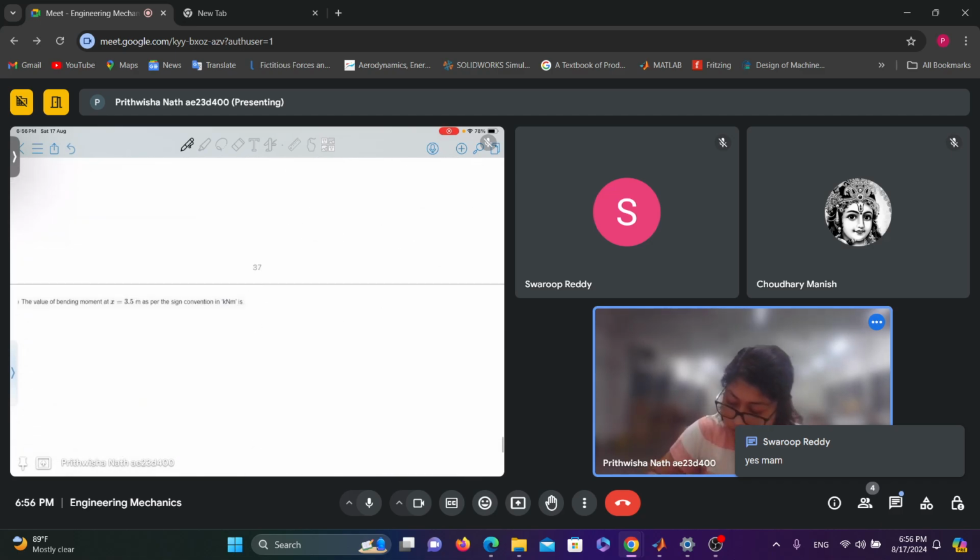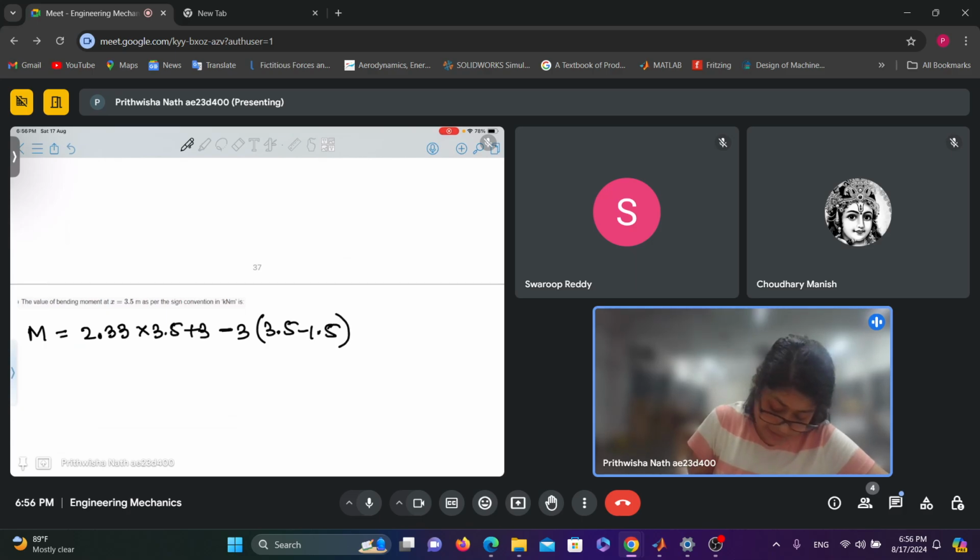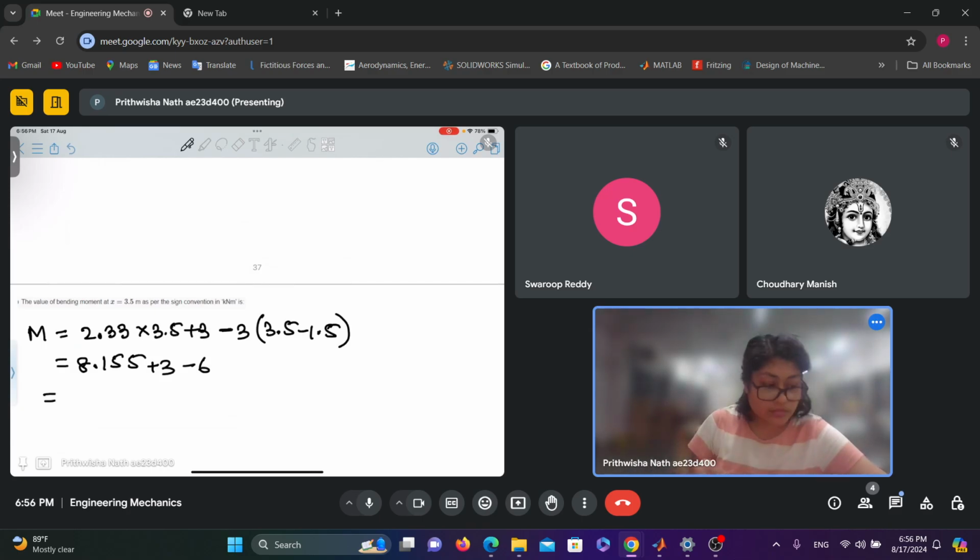So M equals 2.33 into 3.5 plus 3 minus 3(3.5 minus 1.5), that is equal to 8.155 plus 3 minus 6, so this is 5.16 kilonewton meter.